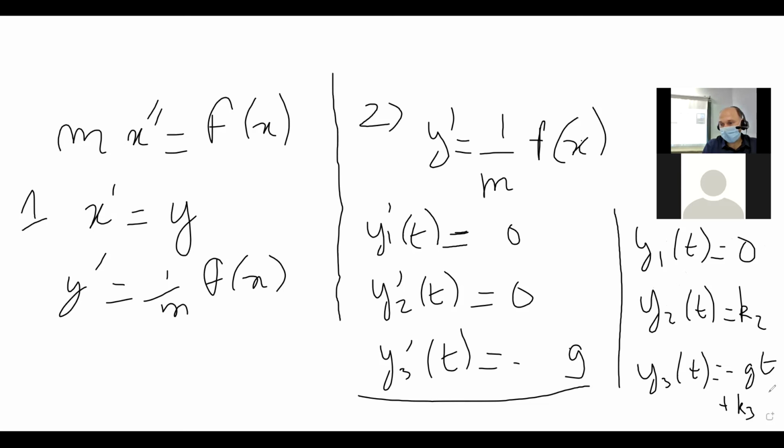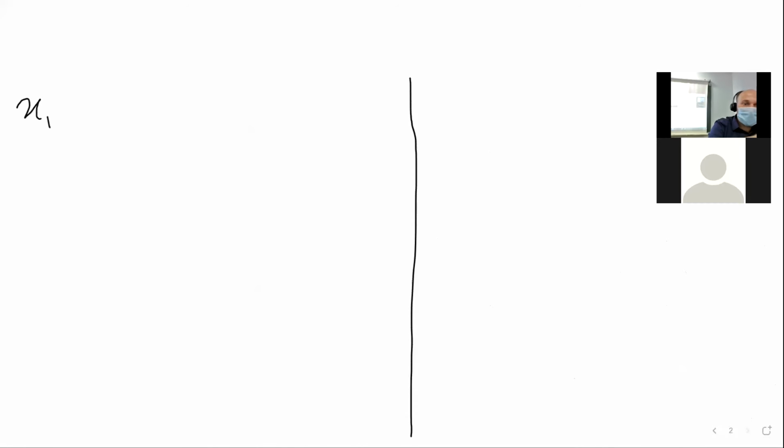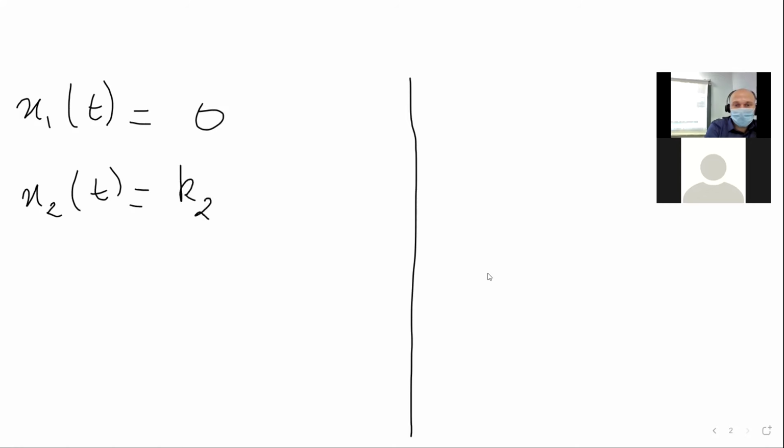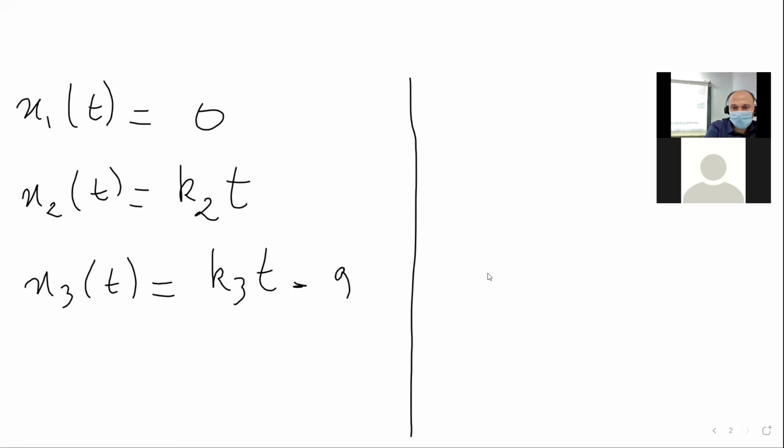So I will get x1 of t is 0. x2 of t is k2 times t plus 0, and x3 of t will be k3 t minus gt squared divided by 2.